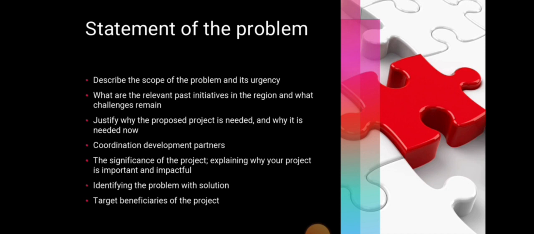What are the relevant past initiatives in the region, in the country or in the city? And what challenges remain? Justify or clarify why the proposed project is needed, and why it is needed now.